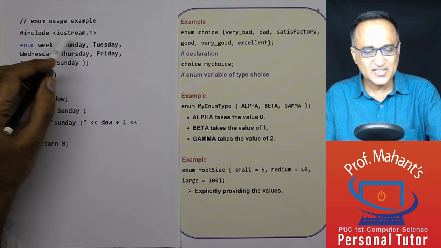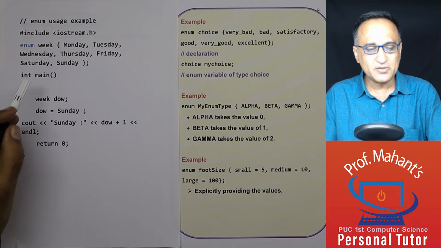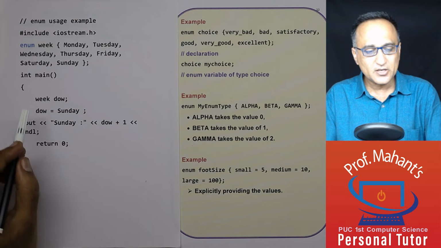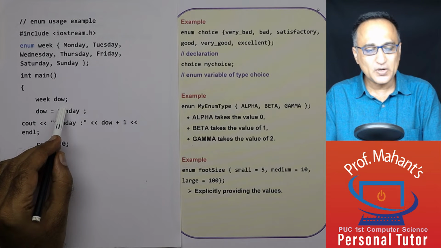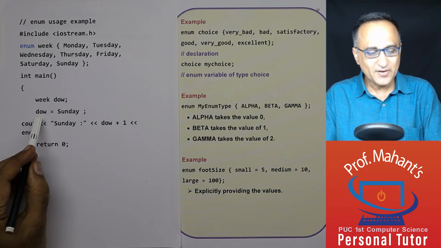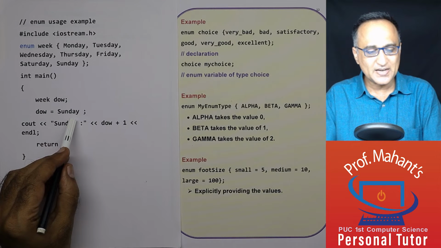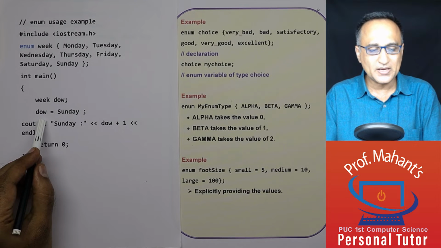This tells me that I can now create enum type variables using this word week. DOW stands for day of the week. I want to know what number represents a day of the week. So if I say day of the week is equal to Sunday, 6 will be assigned to day of the week.